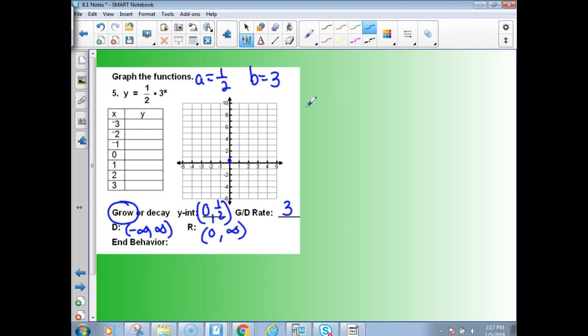That would affect the range, not the domain. The domain's going to be negative infinity to infinity always, but the range can vary. And there are also going to be shifts that we're going to talk about in a few minutes, okay? So I don't want to say always. Sometimes we want to look at it. These were the first basic ones, y equals a times b to the x with a being positive, okay?